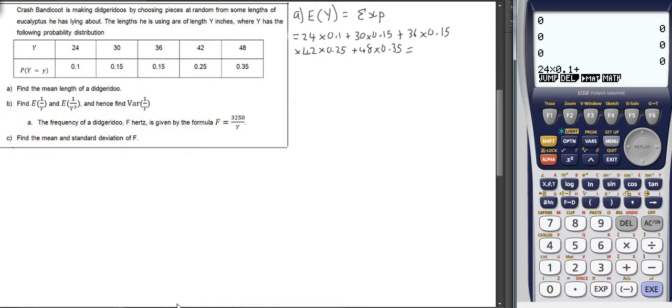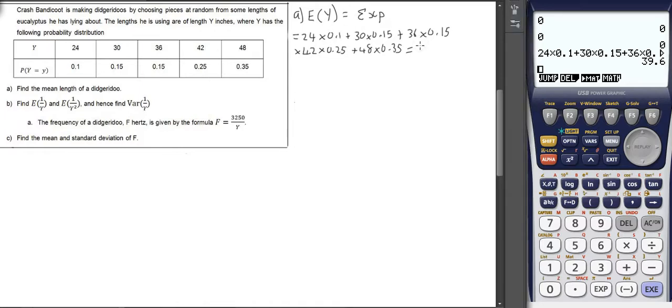No need for any brackets. The calculator does all the work here. You've just got to make sure you do it without making any mistakes. And we get 39.6 for the mean. 39.6 inches, I guess.